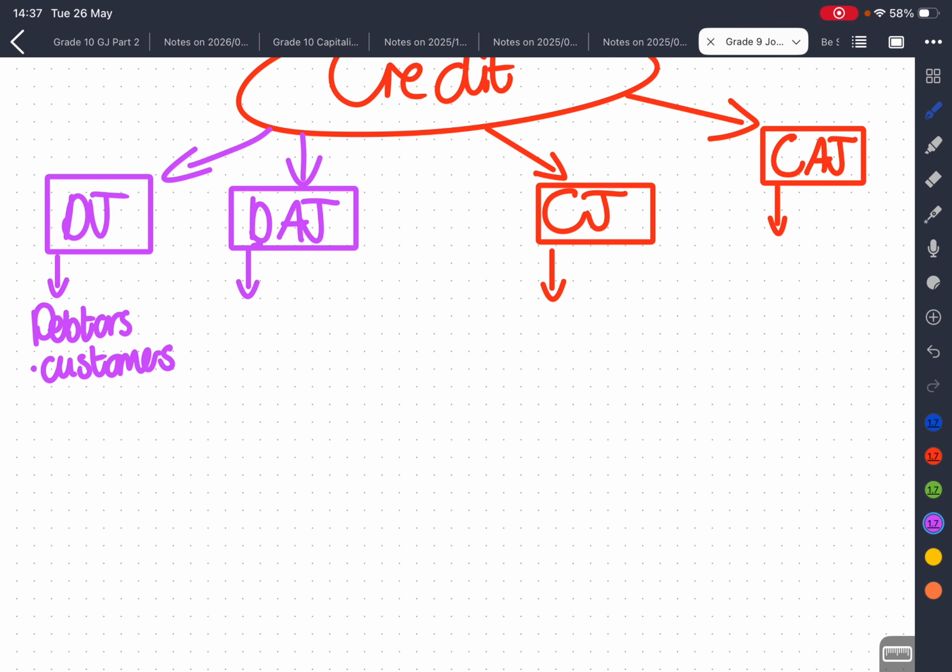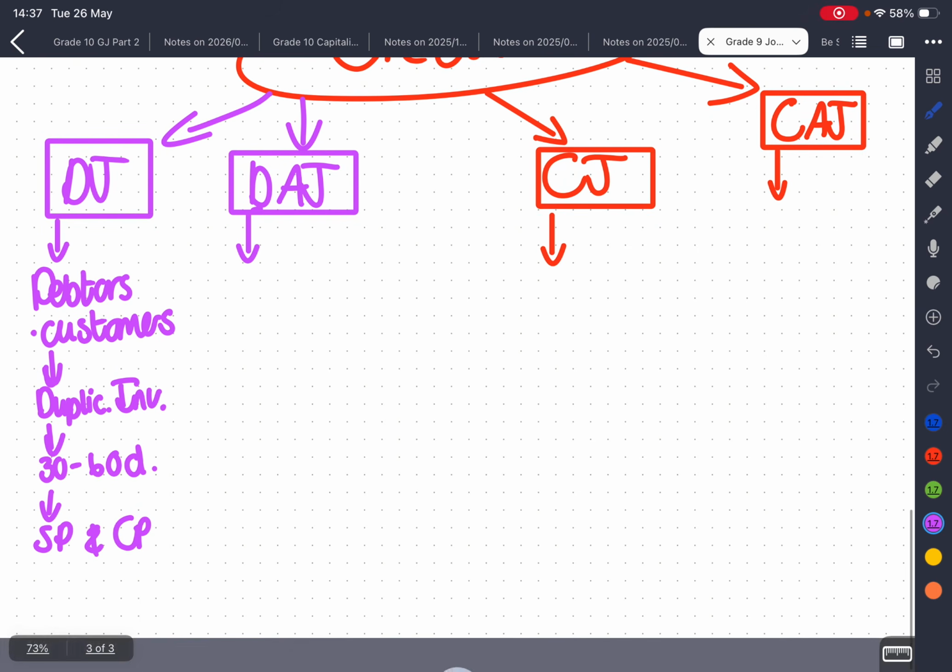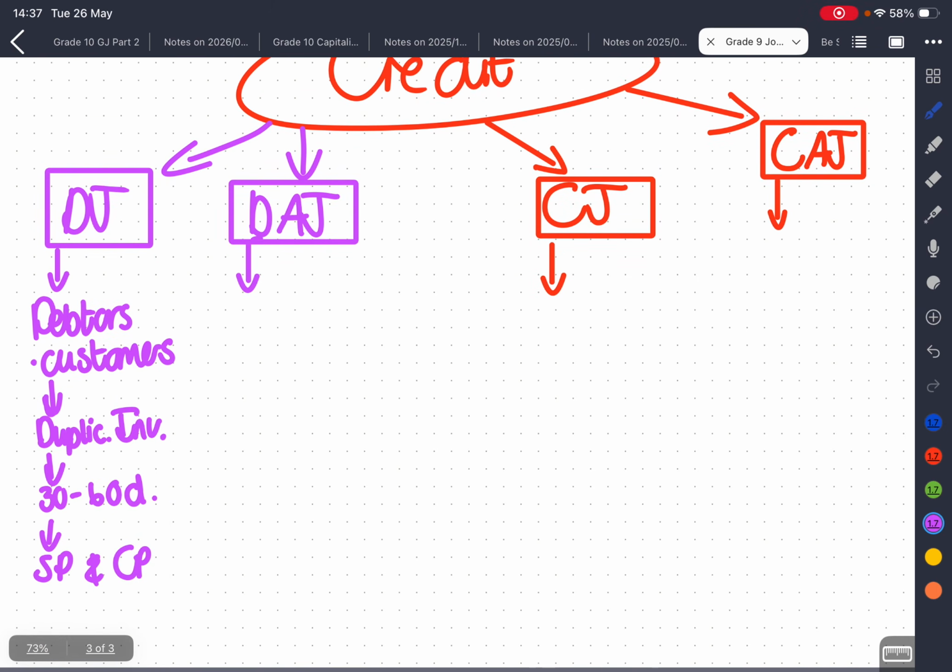I'm going to issue these debtors with an invoice. I'll keep the duplicate and give them the original because they're the customer. And then in the perfect world, I'm going to give them 30 to 60 days to pay me. And then also keep in mind that there's a selling price as well as a cost price involved in this journal. So you need to know how to calculate both those prices.